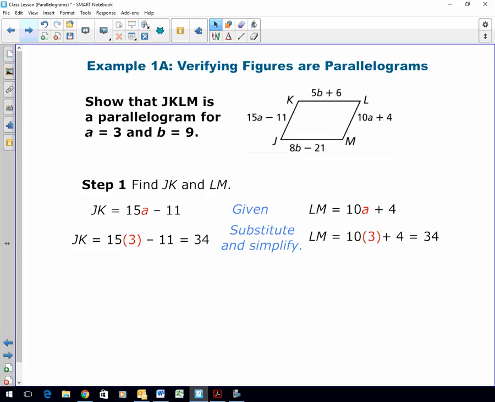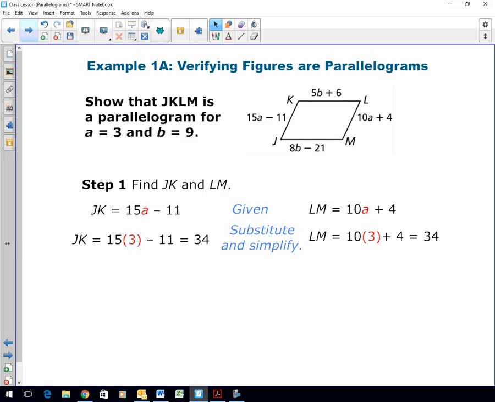Okay? So 10 times 3 plus 4 has to equal 15 times 3 minus 11. Look what happens here. 10 times 3 plus 4 is 34. 15 times 3 minus 11 is 34. So how many sides right now are congruent?